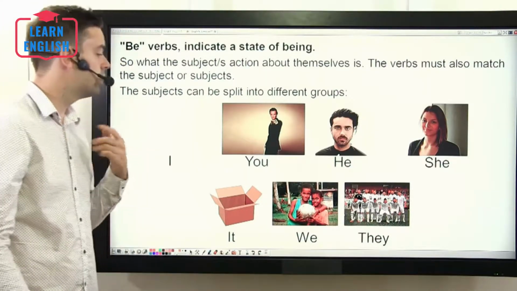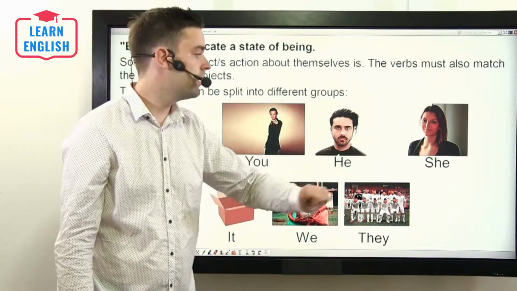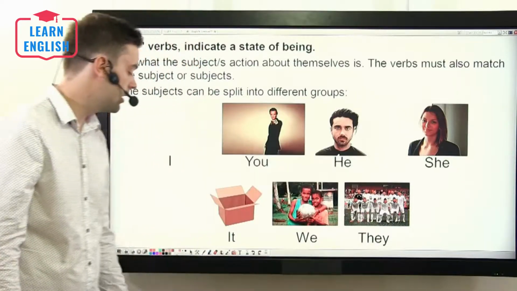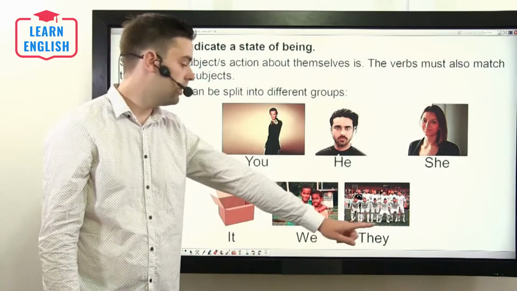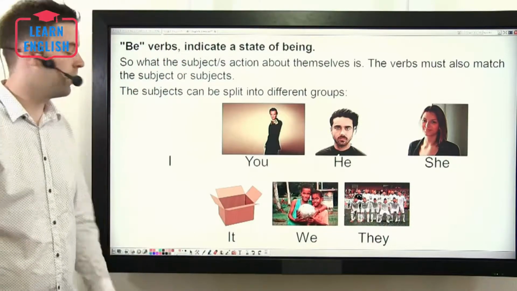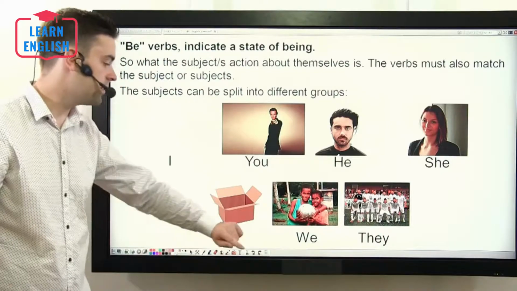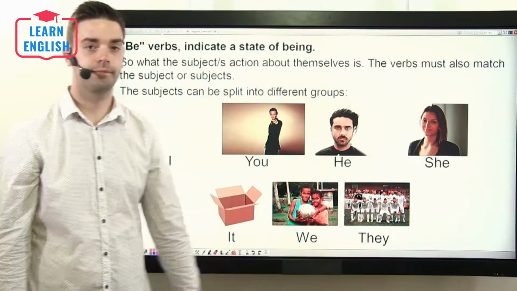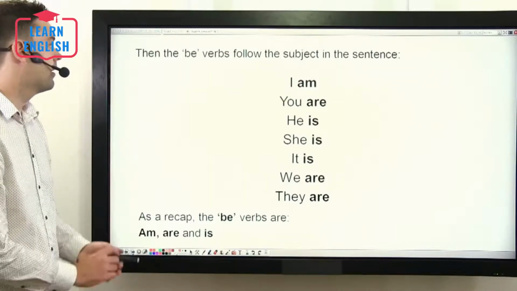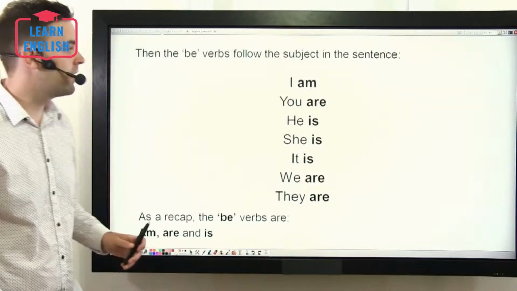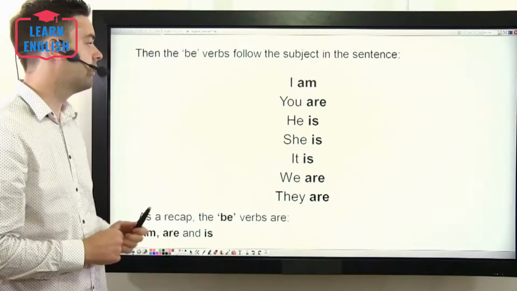I, you, he, she, it, we, they. The be verbs follow the subject in the sentence, so they come after the subject.